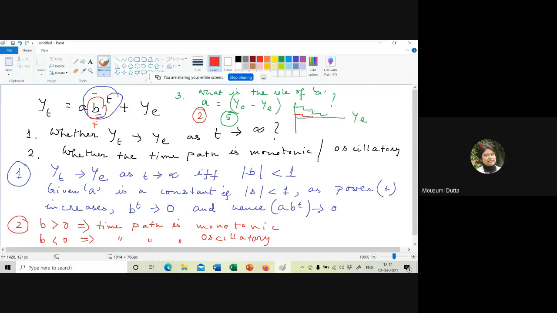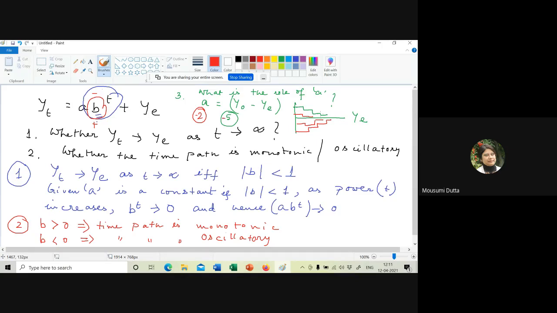Now, instead of +2 and +5, if the values are -5 and -2, the same thing, you will start from this point. Minus is telling you your starting point will be somewhere below the equilibrium. And if the value is 2, the nature of the time path will not change. Only there will be some change with respect to the scaling component.